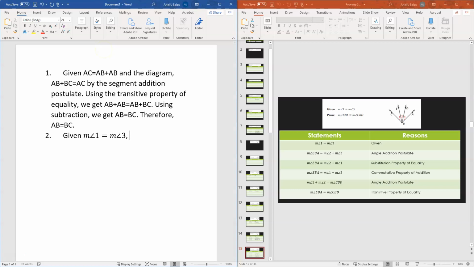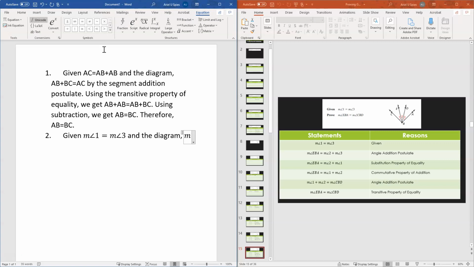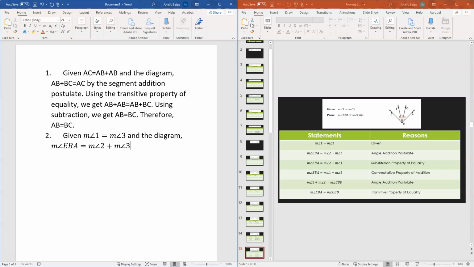So given that, and the diagram, you always want to mention the diagram if it gives you a picture because that's kind of helping you to find your answers. Then I can say measure of angle EBA equals measure of angle 2 plus measure of angle 3 by the angle addition postulate.